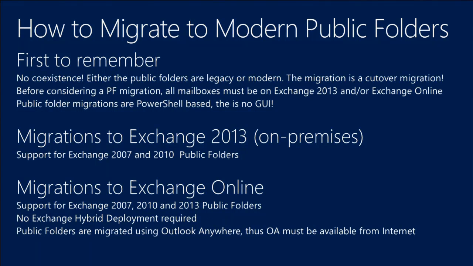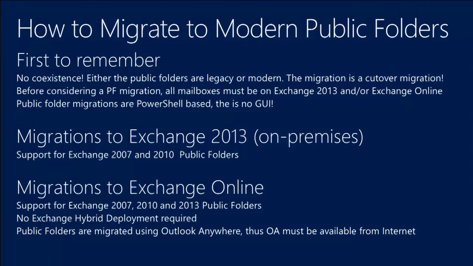Yeah. And public folder migrations do not have a GUI. So there's no wizard. Click next, next, next, next. Yeah. No, this is PowerShell only. And you're going to see my fast typing of the commandlets that are that long. Okay. Yeah, migration to Exchange Online, as I said, we support 2007, 2010, and 2013.